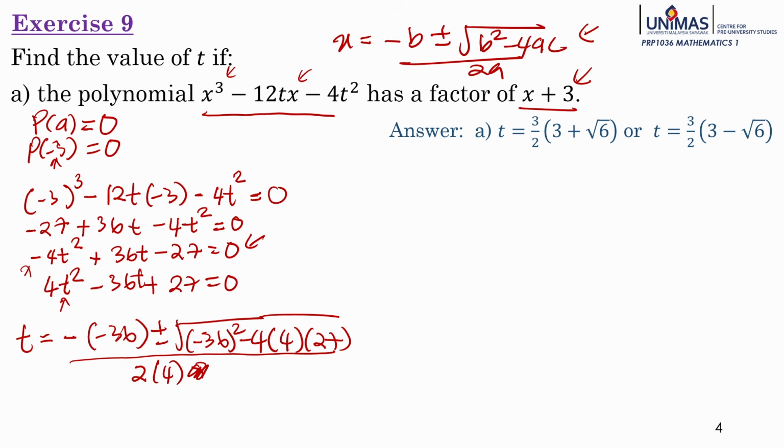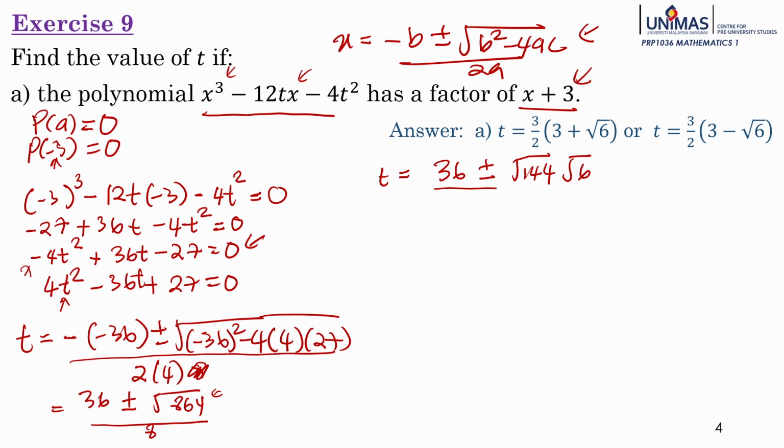Then we simplify. You can get the answer 36 plus minus square root of 864 over 8. Now we want to simplify. 864 we can change into square root of 144 times square root of 6, over 8.